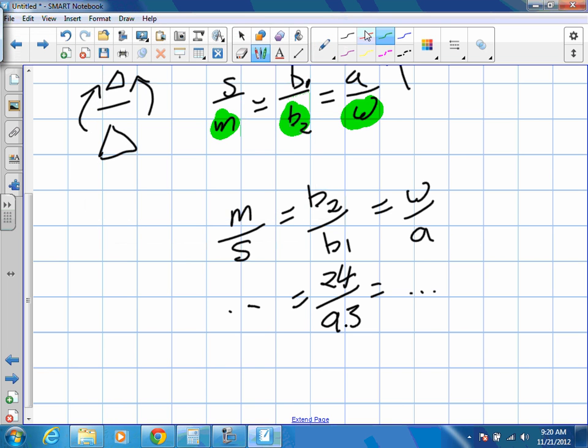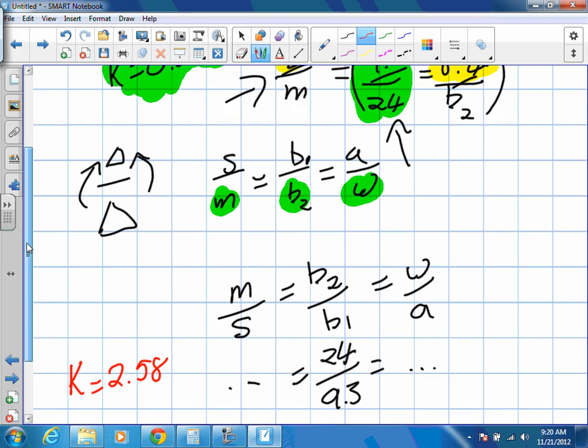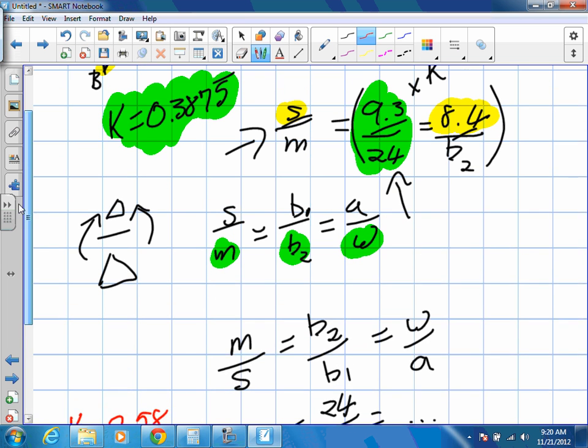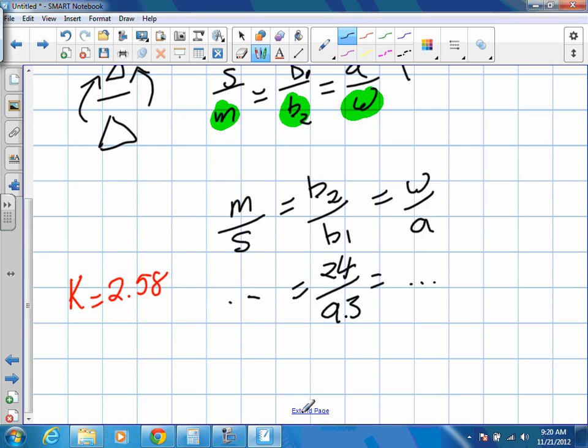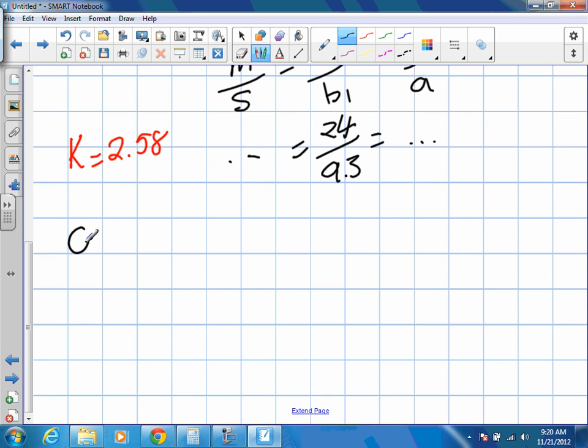Well, which one's right? Both of them are technically right. And what they are is reciprocals of each other. So if I took the scale factor 0.3875 and took 1 divided by that, I would get 2.58.